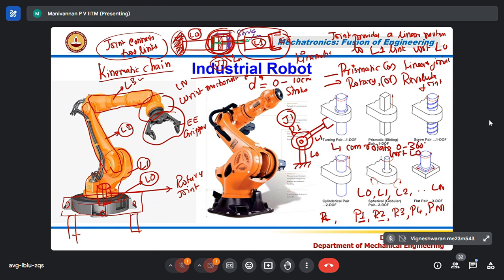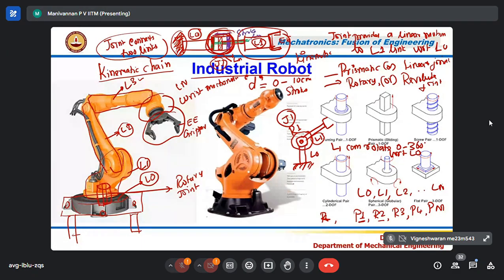L0 is grounded, with one end fixed on the table. The first joint, the rotary joint, I represent as R1. L1 can rotate clockwise and anti-clockwise, 360 degrees with respect to L0. So the rotary joint provides rotational movement for the link.